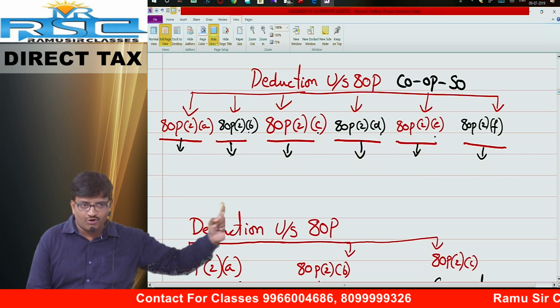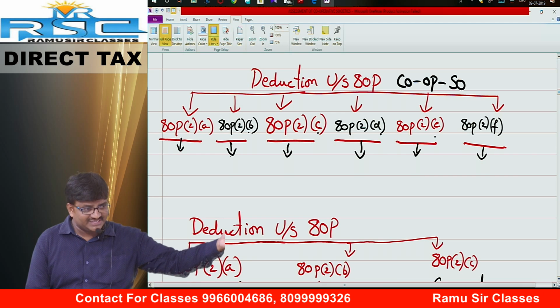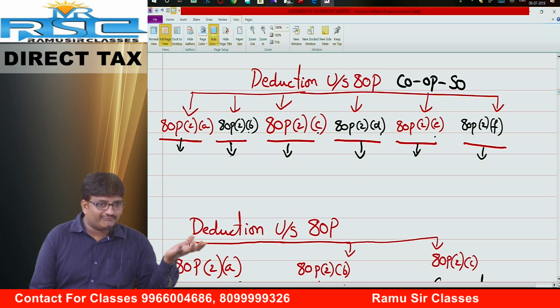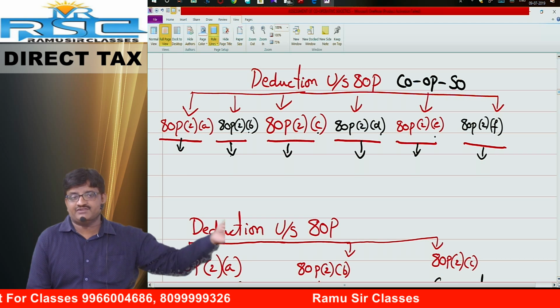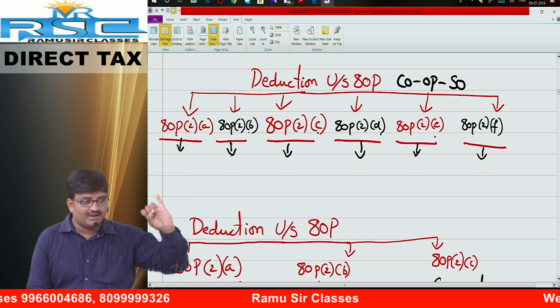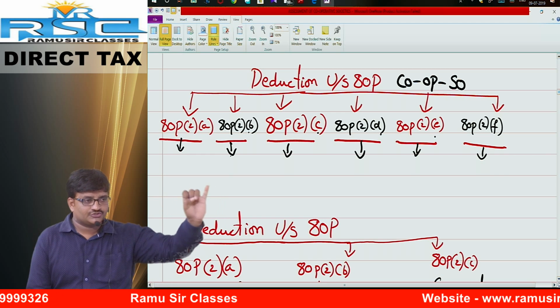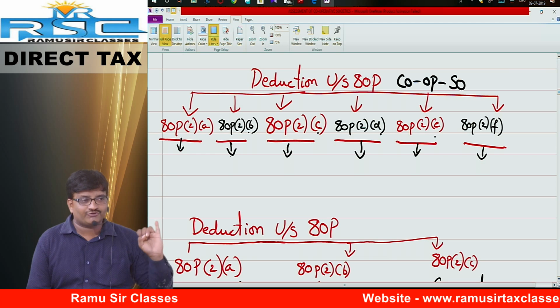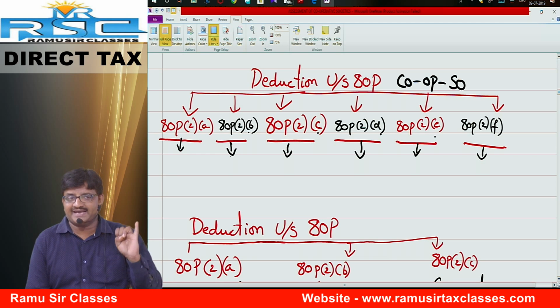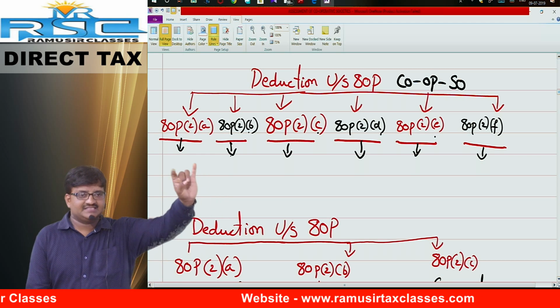Honestly speaking, the cooperative society will provide a platform for the sale of agricultural produce. Number one, marketing facilities. Take it for granted, income of cooperative societies for providing marketing facilities to members is allowed as deduction.